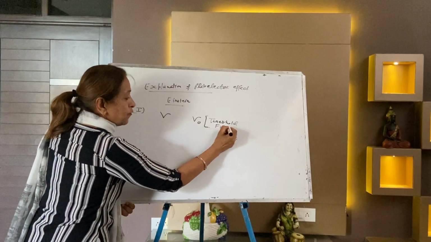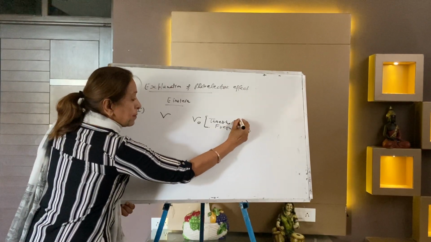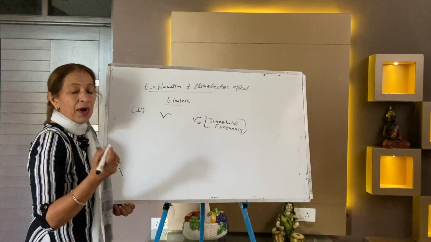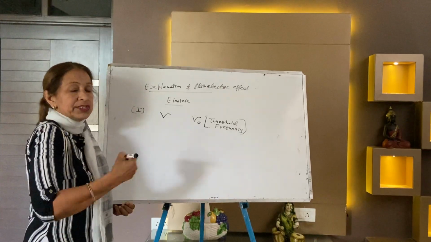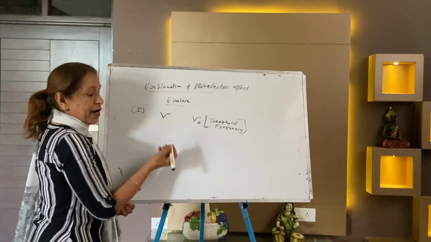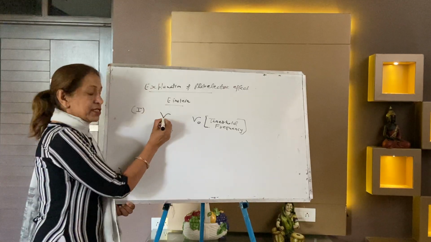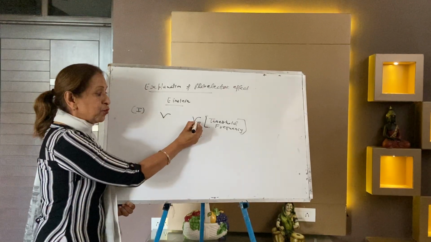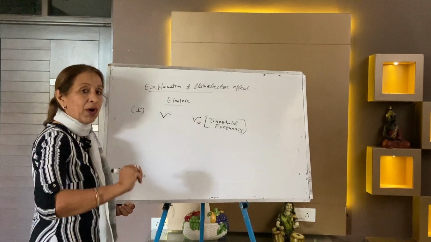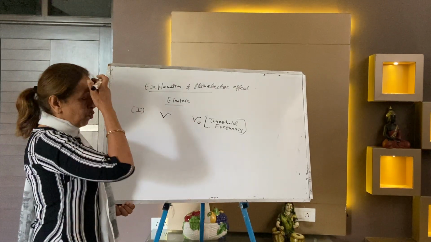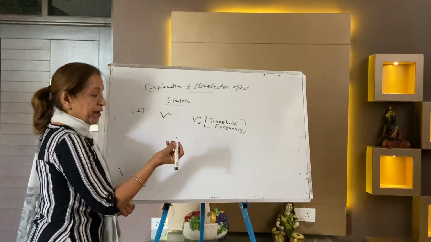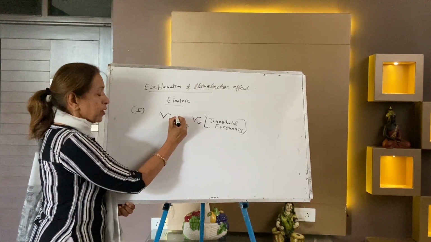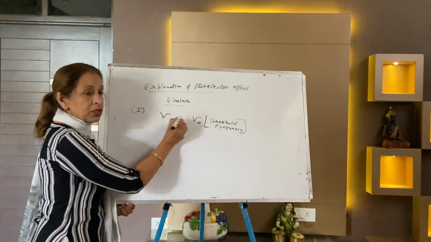It's the minimum frequency required by any metal to eject an electron. So now let us start one by one. Nu is the frequency of the incident light, and nu naught is the minimum frequency required by the metal. Now the first case: nu is less than nu naught.